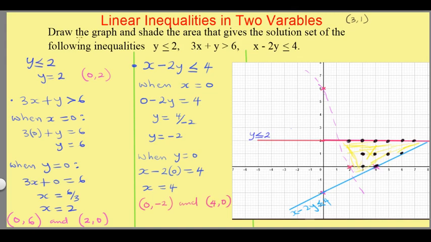However, this point does not satisfy it because it falls on a non-inclusive inequality line. Only those who fall on an inclusive inequality line can satisfy it. The one that falls on a non-inclusive inequality line cannot satisfy it.